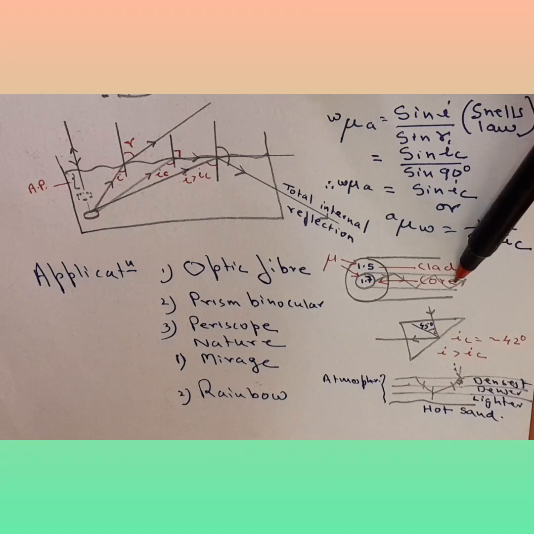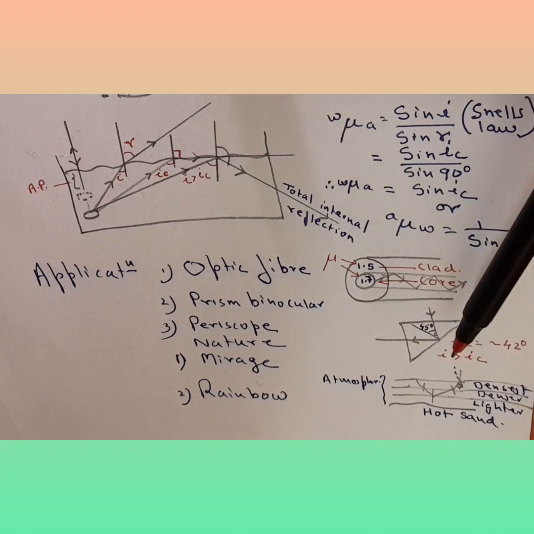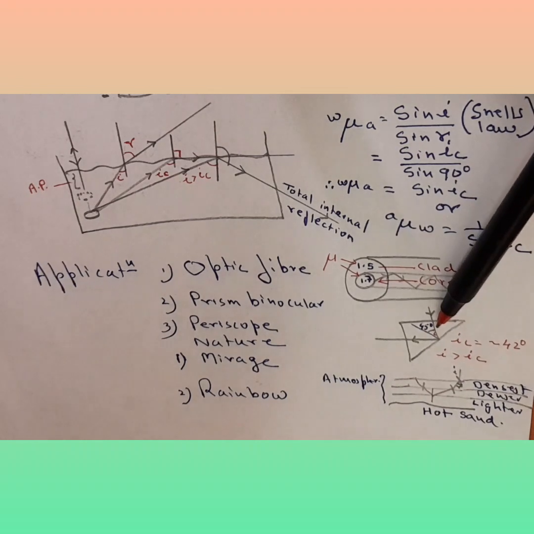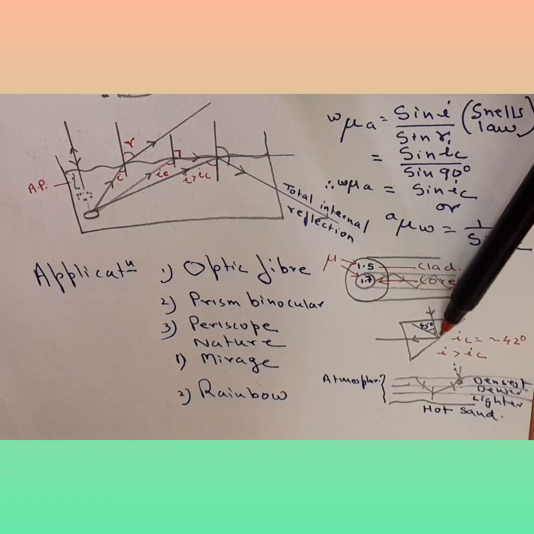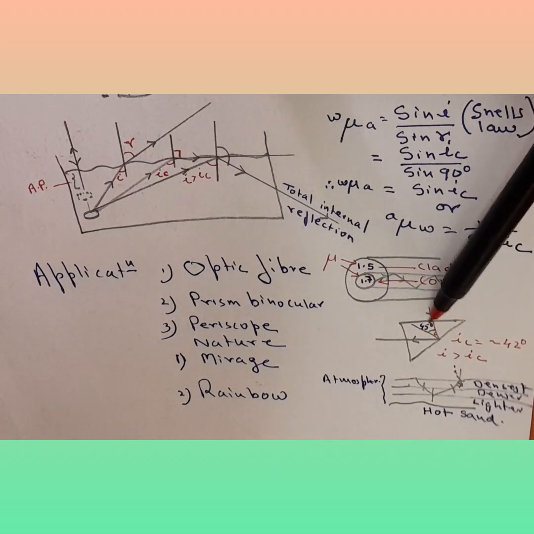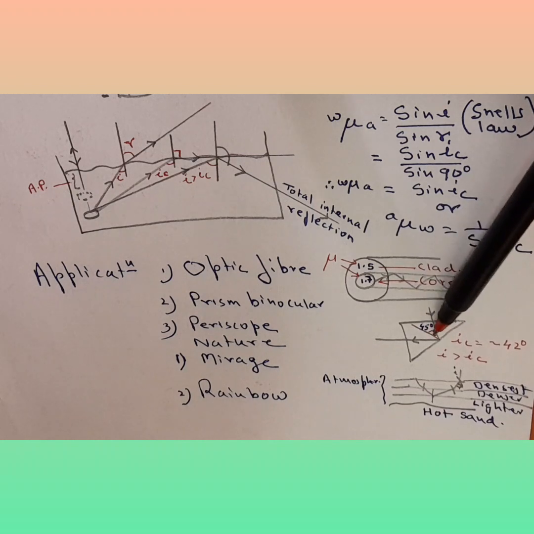Total internal reflection. Then again, if we talk in terms of prism binocular, this is a prism, rays falling this way, rays incident like this. Now it falls here and it gets reflected. Why? Because if you draw the normal over here, this angle becomes 45 degree.